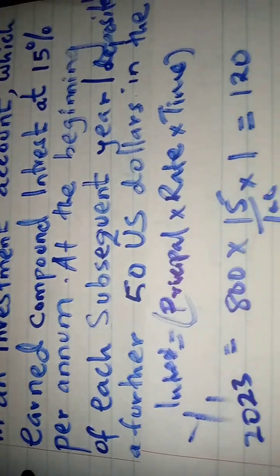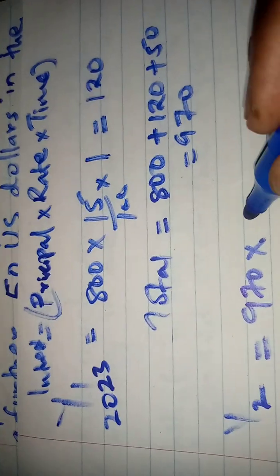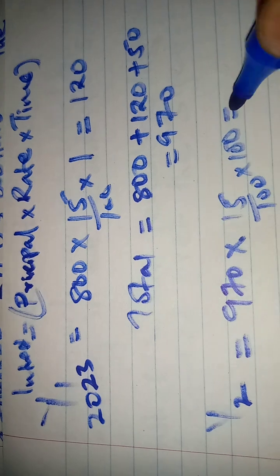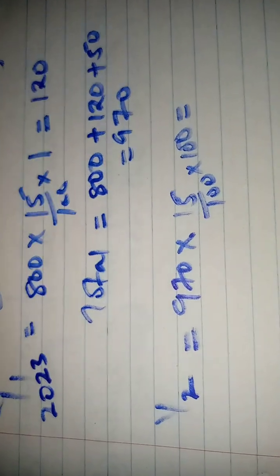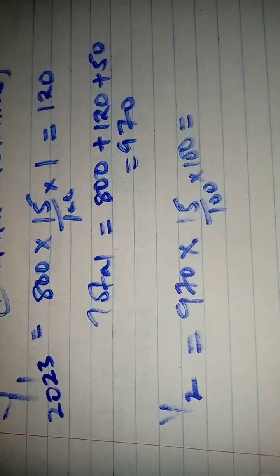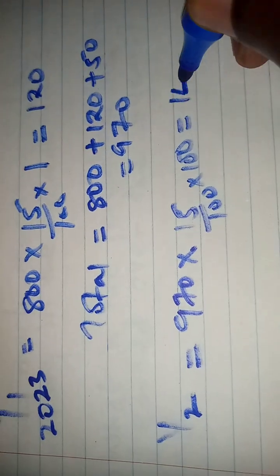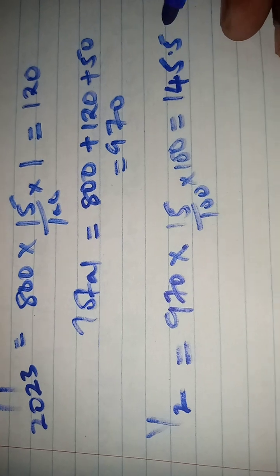So in year 2, the principal is 970. The rate remains the same, 15%. When you compute that, the interest that I'm going to gain is 145.5 US dollars.